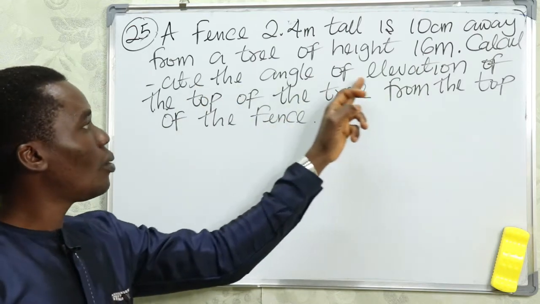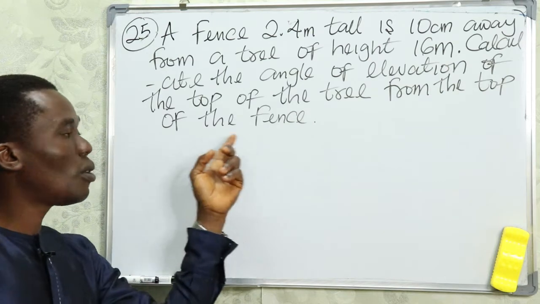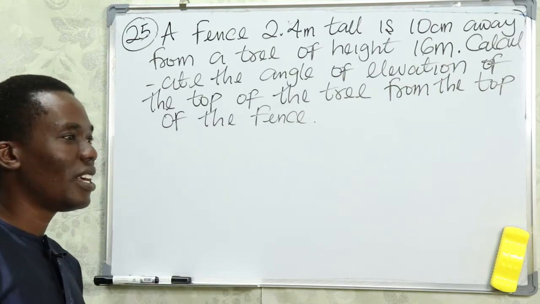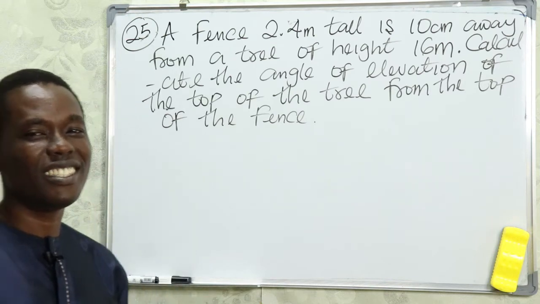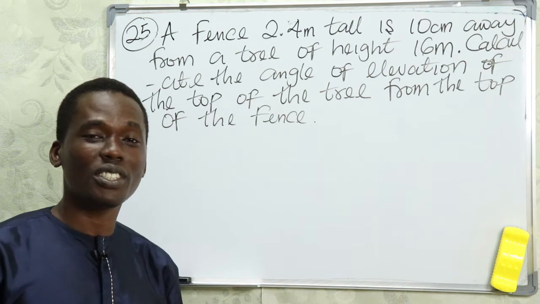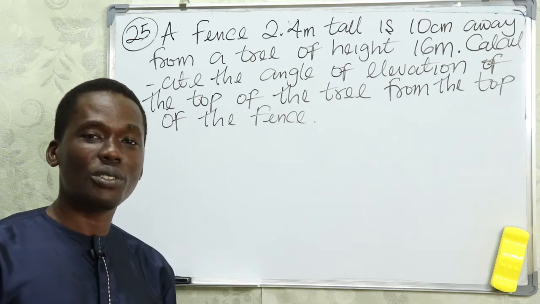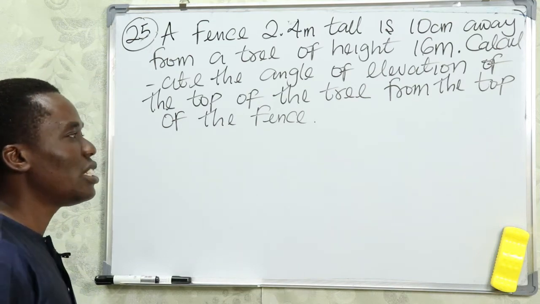Calculate the angle of elevation of the top of the tree from the top of the fence. Now you know what I used to tell you about questions in trigonometry or angle of elevation or depression. I say if you can draw them, then you can solve them. Now let's look at how we go about drawing this question.